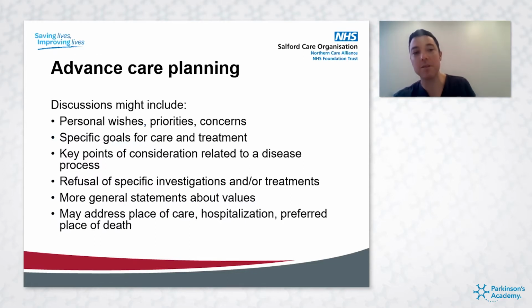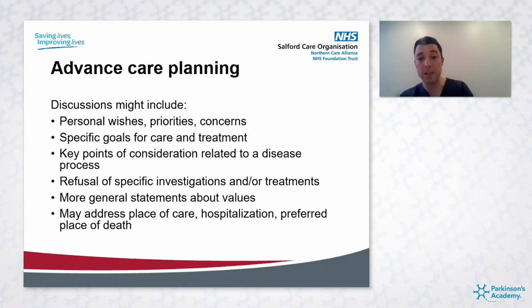In terms of the things that we might include in advanced care planning, this is from the NHS guide for health and care staff about general areas you might consider. So it can include personal wishes, general priorities, your concerns about your future care in any element. It might be around specific goals for care and treatment. So the goal to remain in your own home may be the most important overriding thing, for example, for a patient.